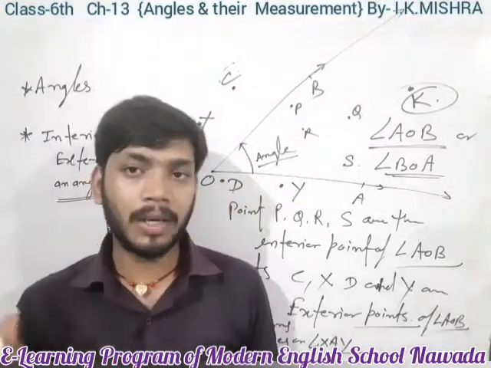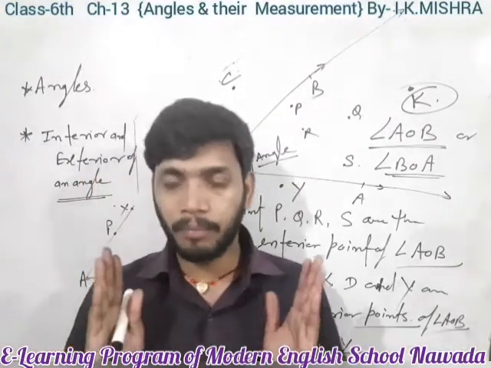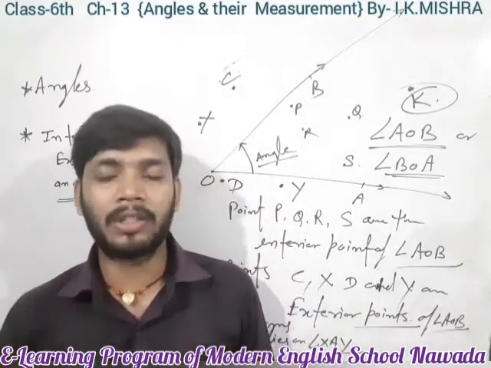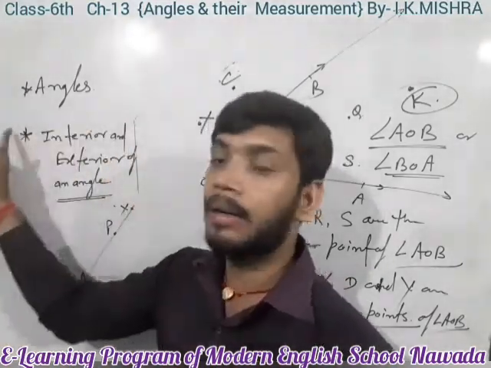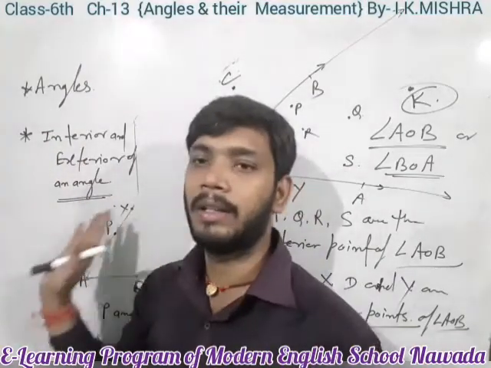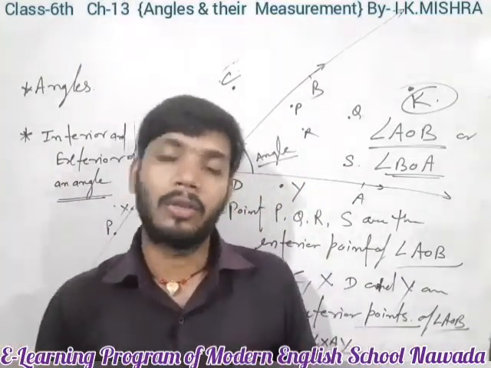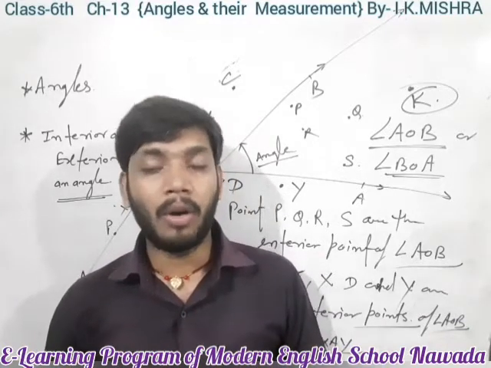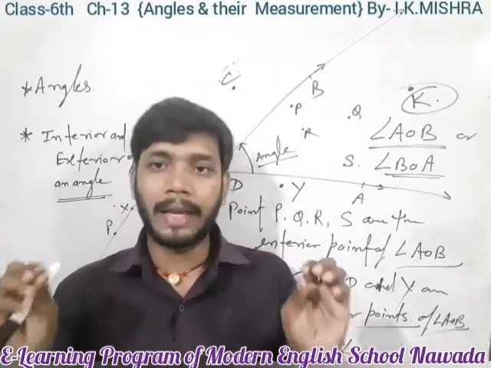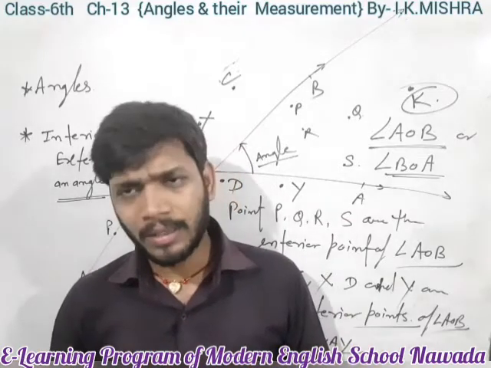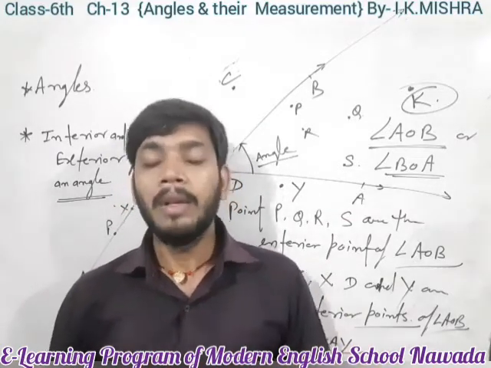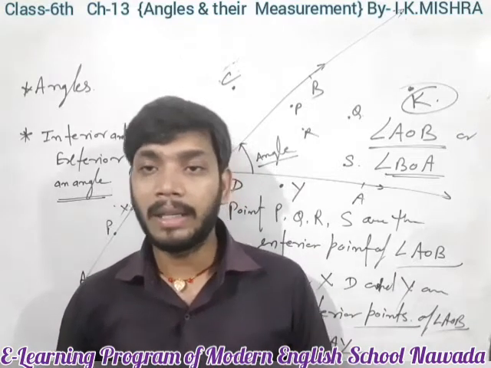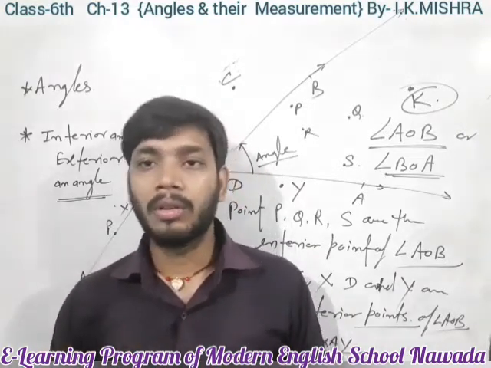Clear friends? That point which lies on the arms of the angle is known as a point lying on the angle. The main parts of this video lecture are what is an angle, interior and exterior, and what is meant by points lying on the angle. Students, I think you have understood all of these terms. If any problem, then immediately contact me. My number is given in the description box.